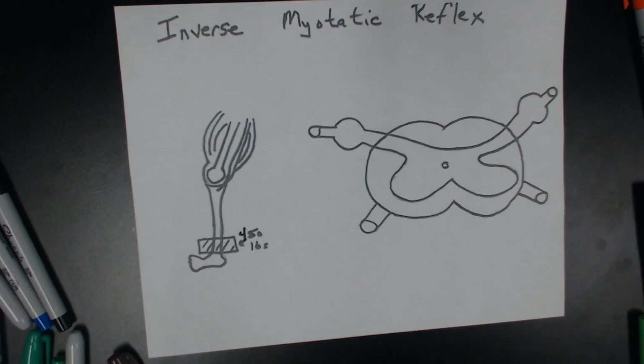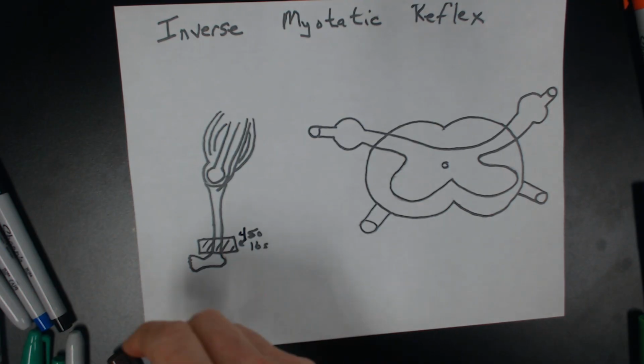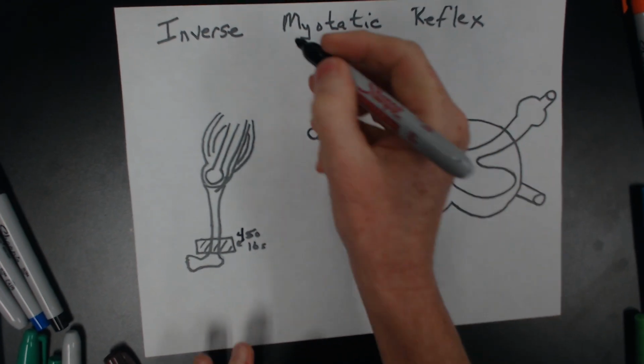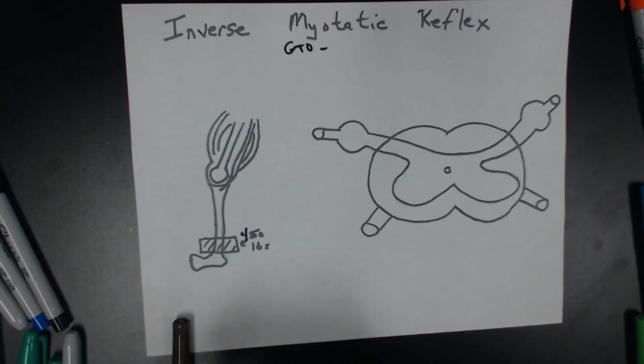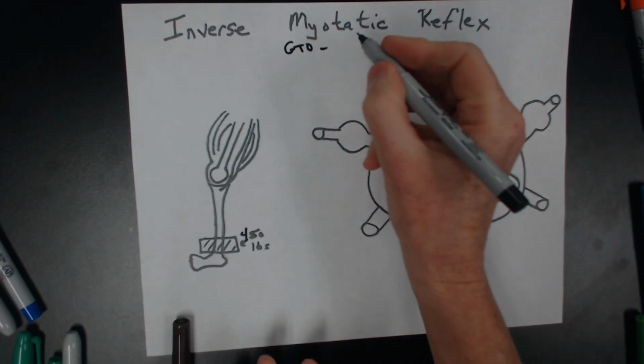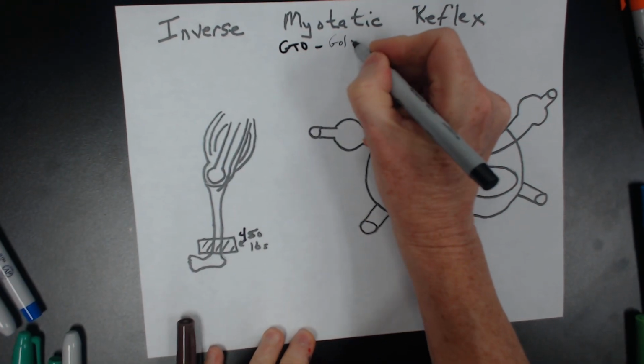In the inverse myotatic reflex, where the myotatic reflex works through muscle spindles, this is going to work through something known as the GTO. Does anybody know what GTO stands for? Yay! Heard of that one. Awesome. This is going to be your Golgi tendon organ. It's going to work through your Golgi tendon organ.